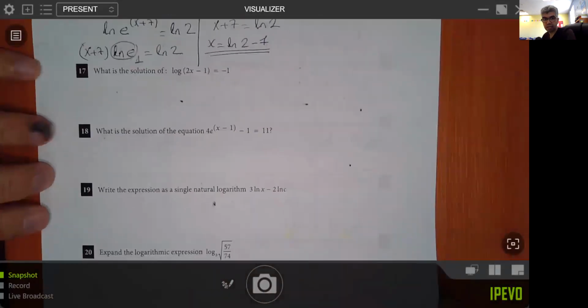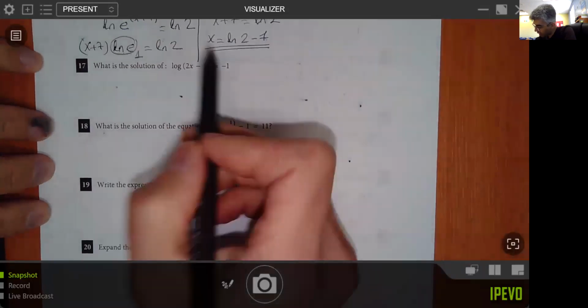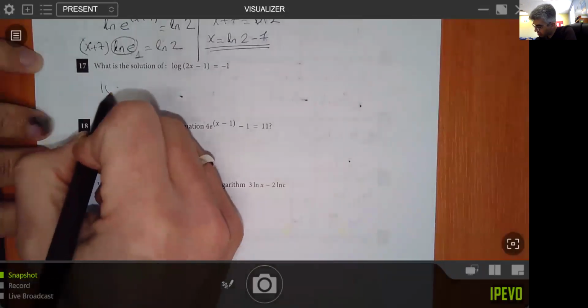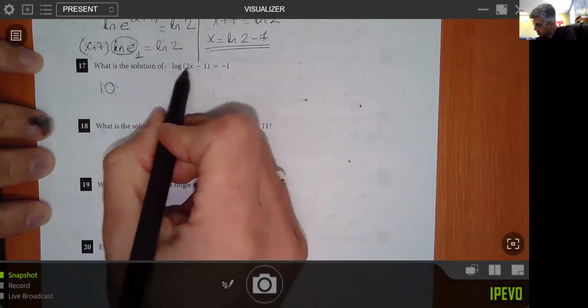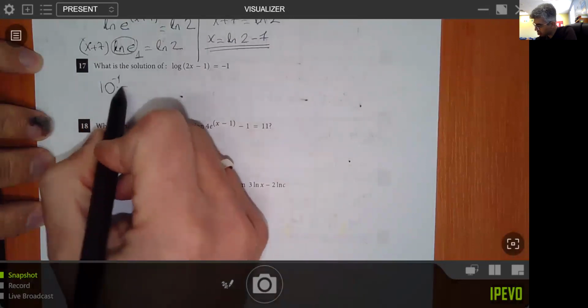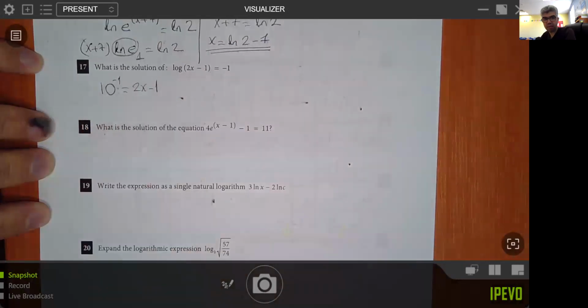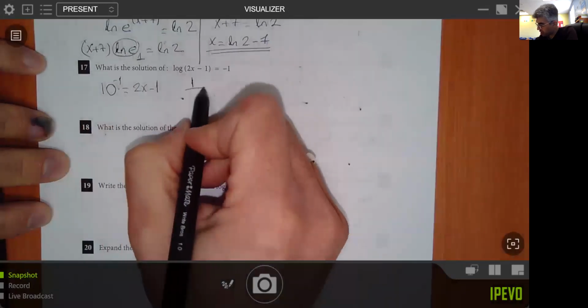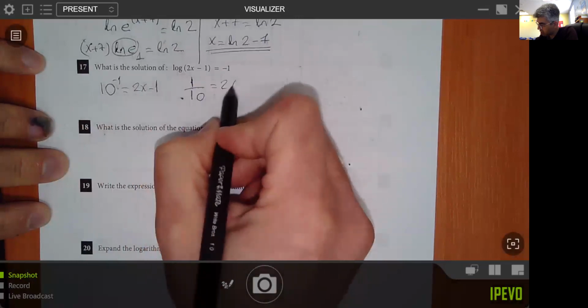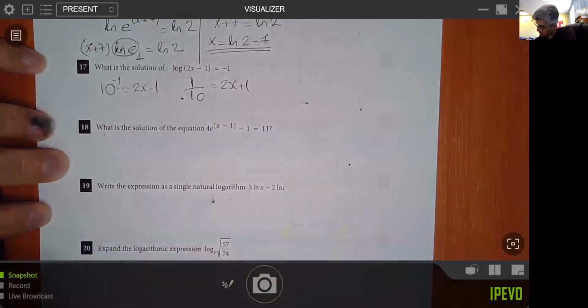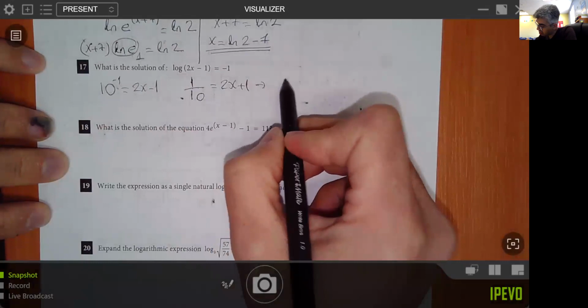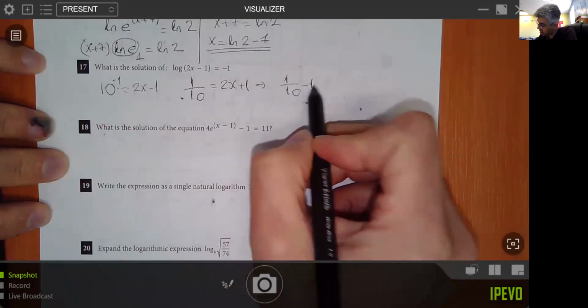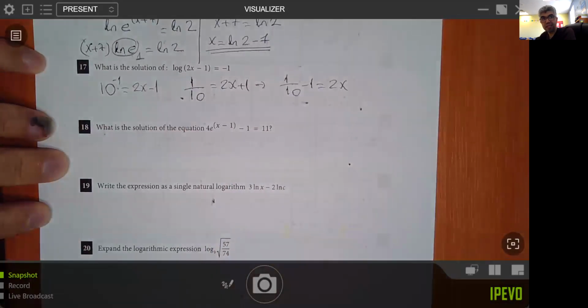We can continue. So I write this in exponential form. Base is 10, the power is minus 1, equals 2x minus 1, okay? So 10 to the power of minus 1 is 1 over 10. I have 2x minus 1. From here, 1 over 10 minus 1 is 2x. Yes, guys. And what is 1 over 10 minus 1?